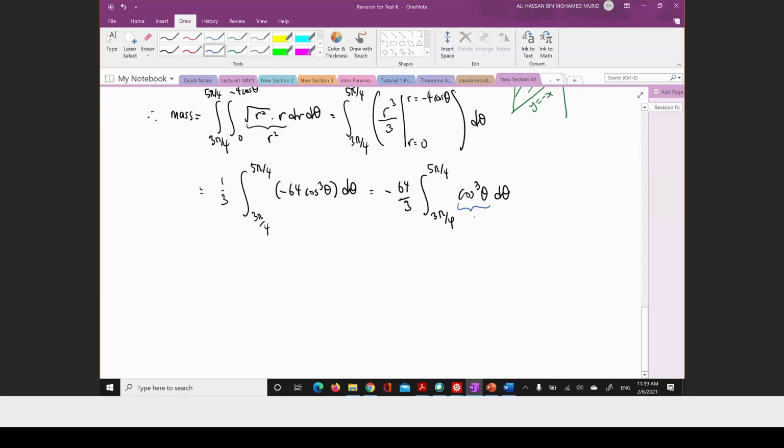So we rewrite cosine cubed as cosine squared theta times cos theta, and then we further use the identity to change cosine squared theta into 1 minus sine squared theta, right? So now this integral becomes minus 64 over 3 times the integral from 3 pi over 4 up to 5 pi over 4 of 1 minus sine squared theta, times cos theta d theta. Okay, what next?